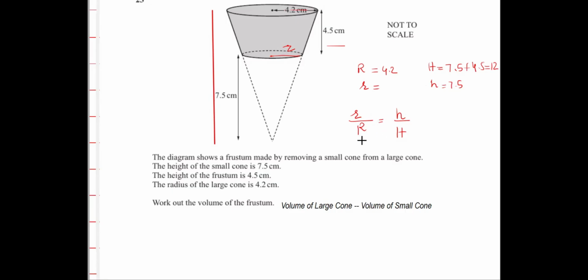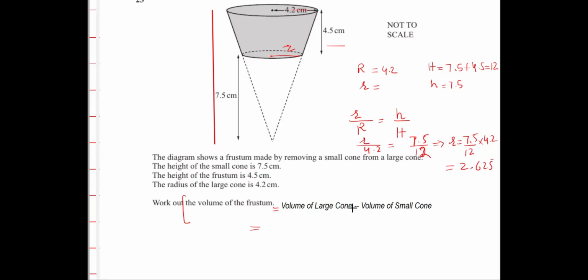Capital R is 4.2, small h is 7.5 and capital H is 12, and we can write r equal to 7.5 over 12 multiplied by 4.2. This will be equal to 2.625.